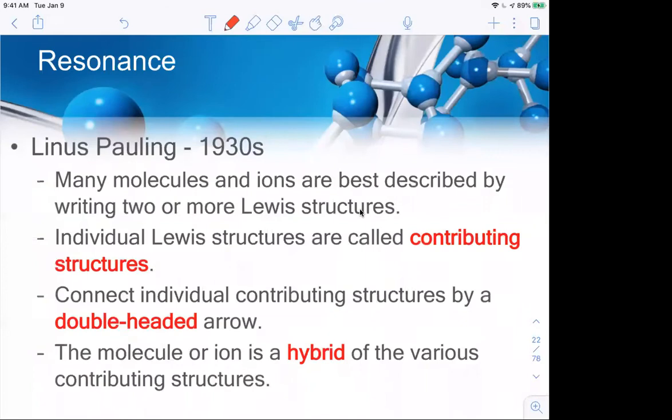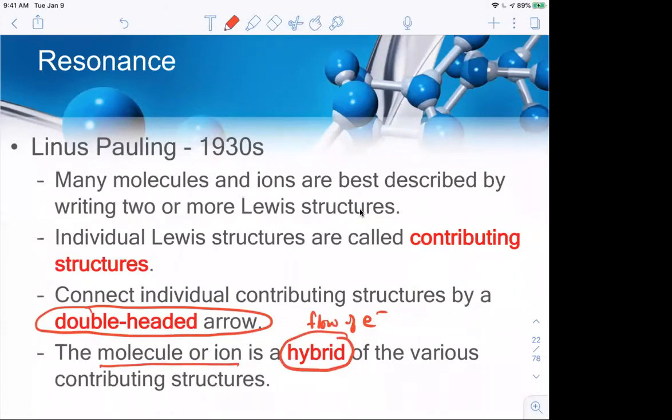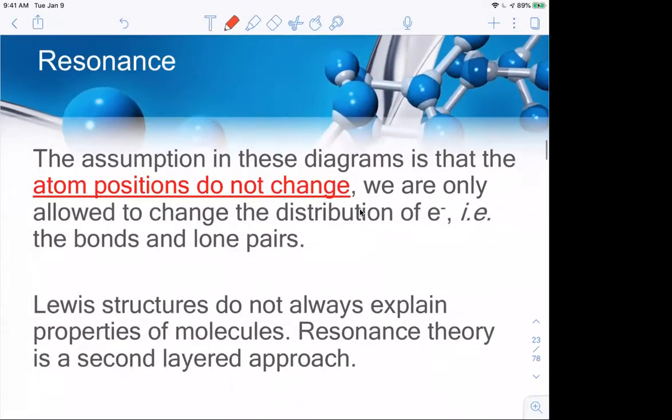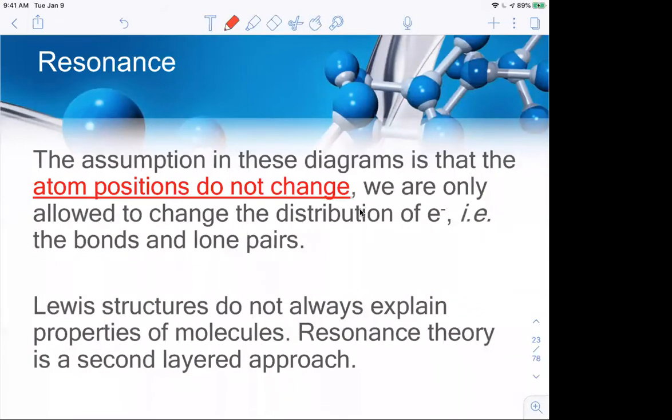So I can actually show how I get from one resonance structure to another by pushing double-headed arrows, which show my flow of electrons in this situation. So physically, in nature, the molecule or ion is actually going to be a hybrid of all the various contributing structures. There are going to be some assumptions that we make when we look at resonance structures.